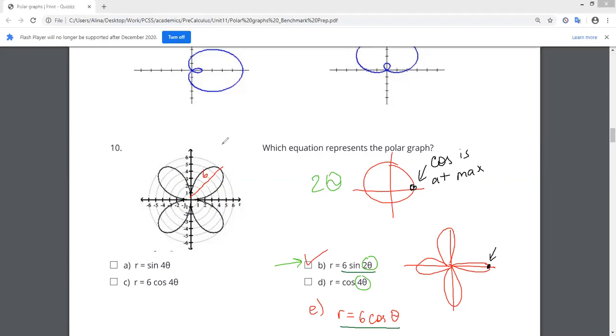But sine maximizes at 90 degrees. If we solve 2 theta equals 90, theta is 45, and that's exactly what happened in this picture. That's why the petals are turned this way. So this is the graph for sine of 2 theta, and this is for cosine. That's the difference: the position of the first petal.